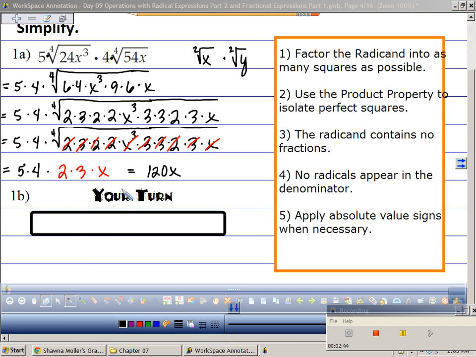Okay, so here's the difference for those of you that love calculators. And there's nothing wrong with calculators, but the only thing that's wrong with calculators is that when you have big numbers, you don't know whether or not you're right. So originally you could have done, let's see, what is 24 times 54? 1296. So for those of you that know, if you put 1296 into a calculator and hit the 4th root and get 6 and know it's right, then you're okay.